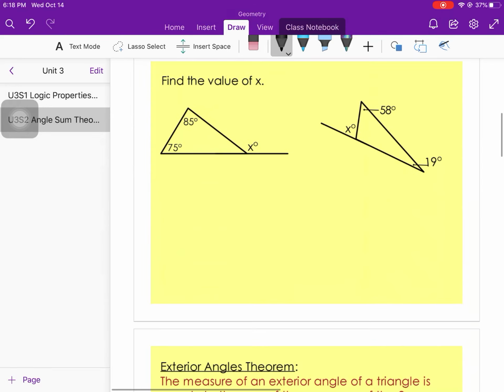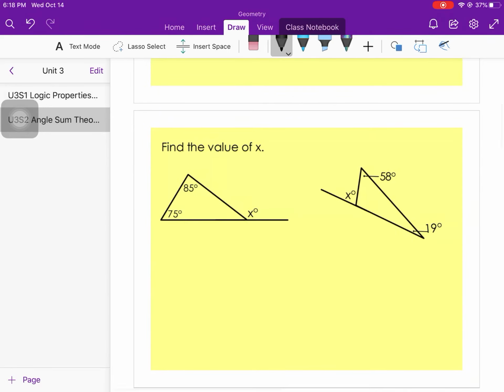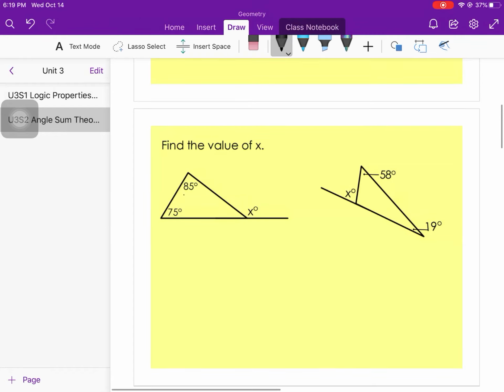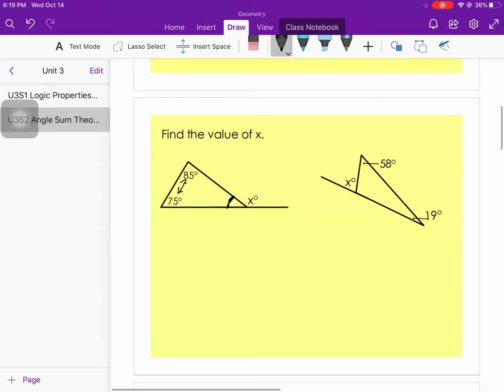So we can actually find the value of x by thinking about, well, what do we know about all triangles? We know that the interior angles have to add up to 180 degrees. So if we know two of them here, these two, we just need to figure out what this angle here is, and then we can find x.